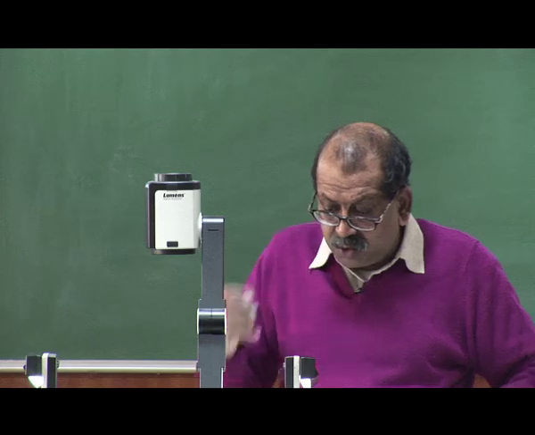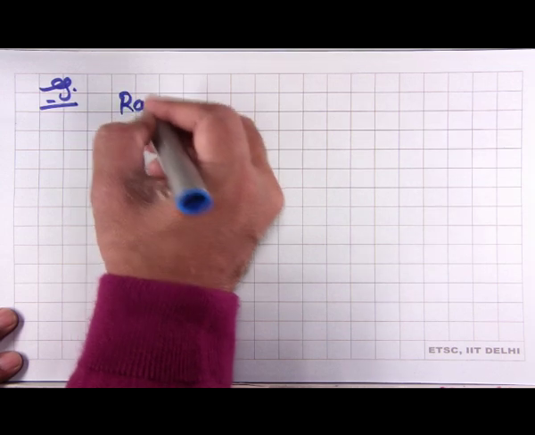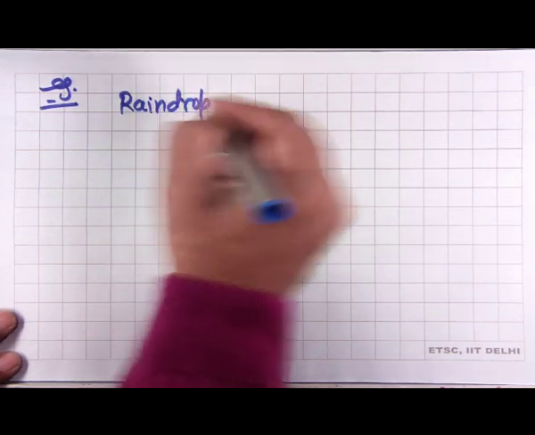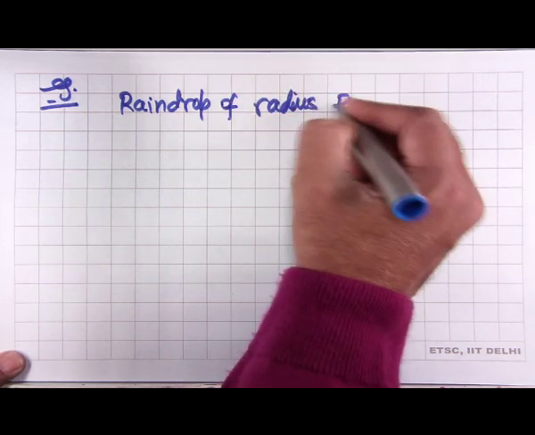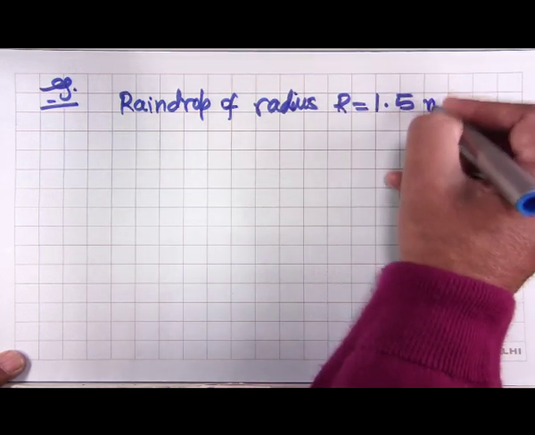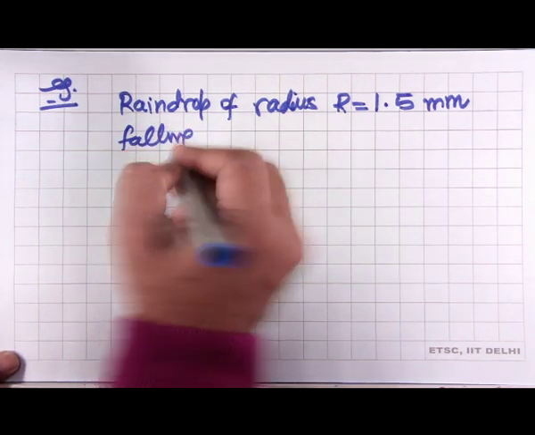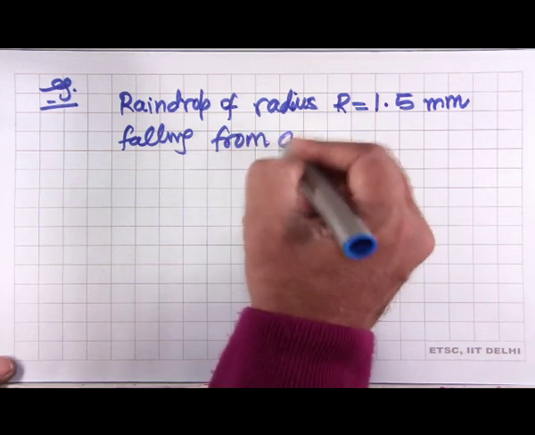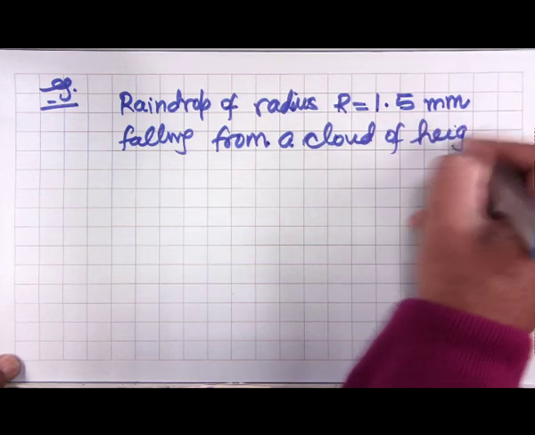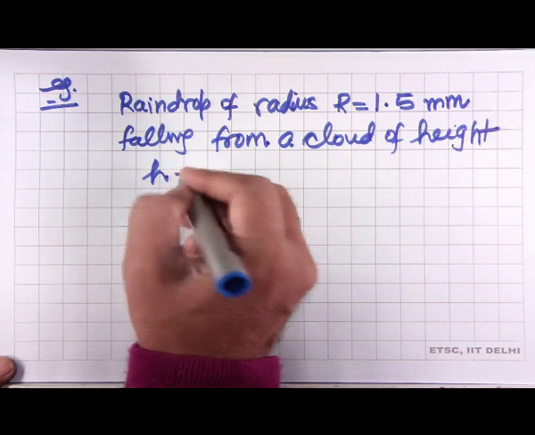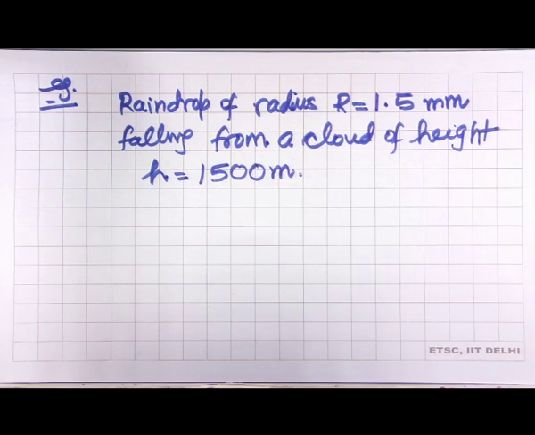And now let us look at an example of a raindrop of radius r equal to 1.5 millimeter, which is falling from a cloud of height h equal to, let us say, 1500 meters.